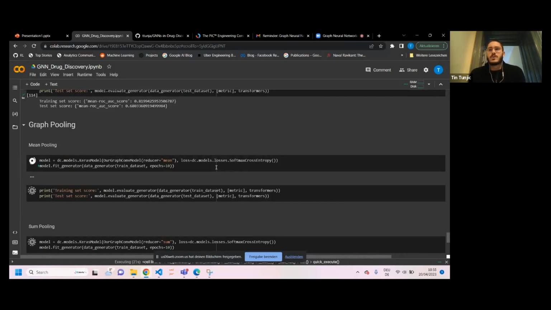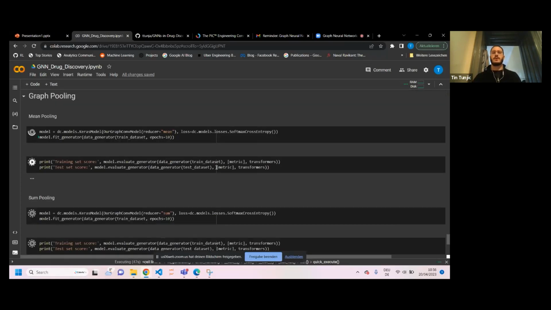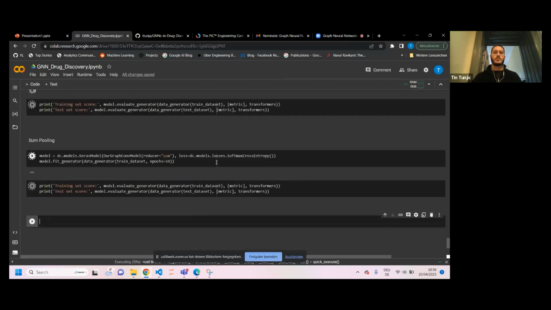One of the intuitions behind the mean is that you would like to get the information from all of the nodes, but you would also like to have it normalized in some way so that you don't have bias if one node has too many possible neighboring nodes. So that's for the mean, and sum is basically just the operation of summing the neighboring nodes into this node that you're trying to propagate your information to.